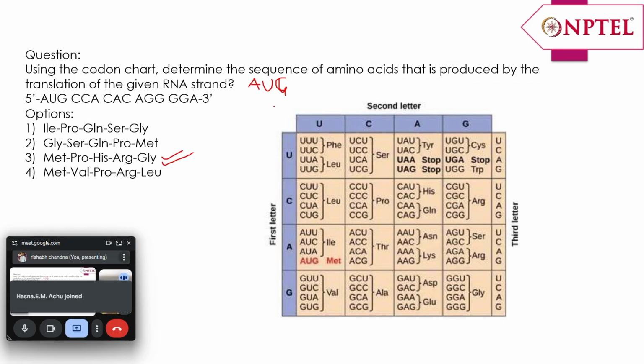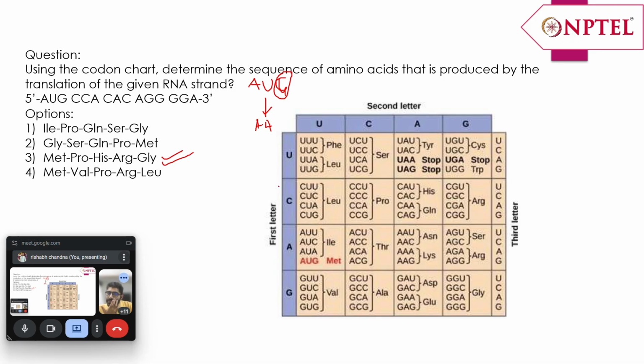So codons are basically a three nucleotide sequence that actually codes for a single amino acid. Okay, and because there are three letters associated with it, there will be different amino acids associated with it. Okay, so the last nucleotide defines the different amino acids.